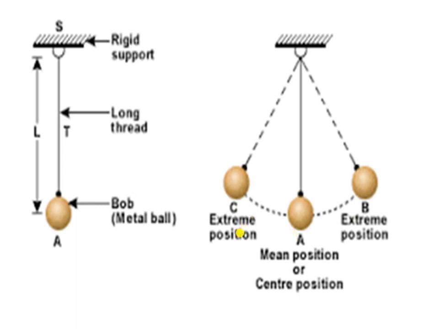The distance between C to A and A to B is called the amplitude of the oscillation. So amplitude is the maximum distance that the pendulum moves away from the mean position while oscillating.